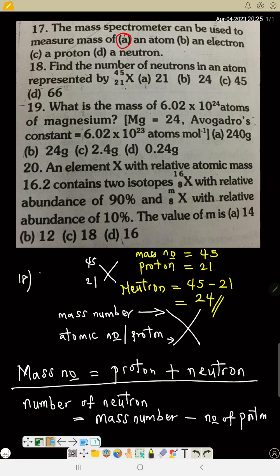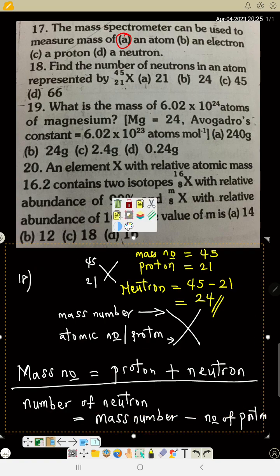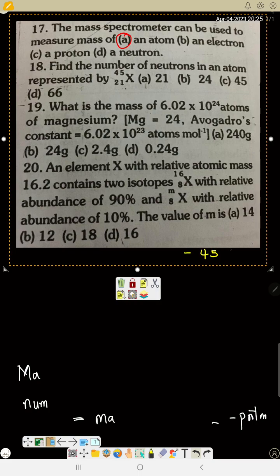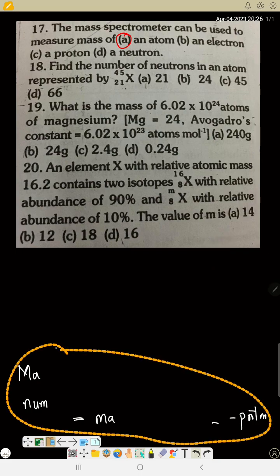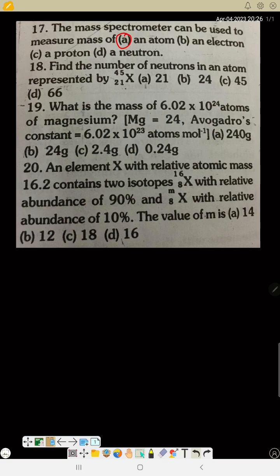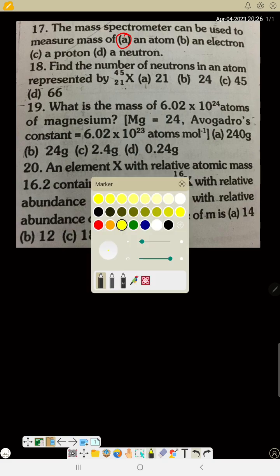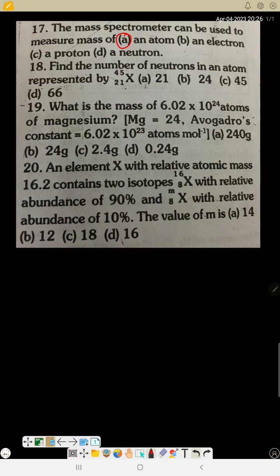So that is the second one. So the correct option is B.